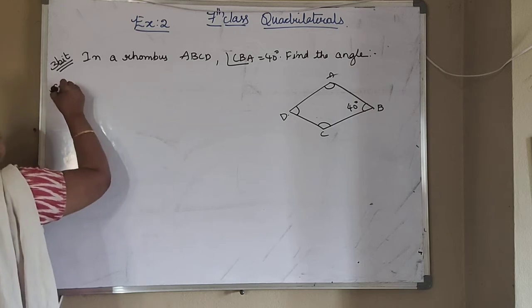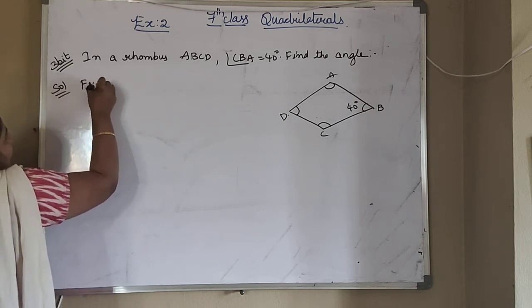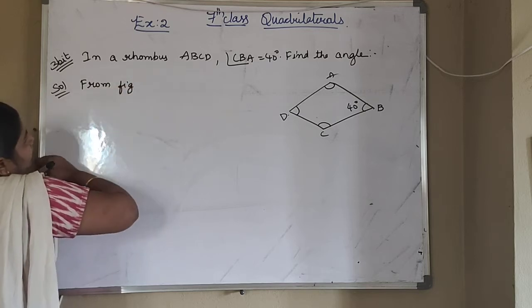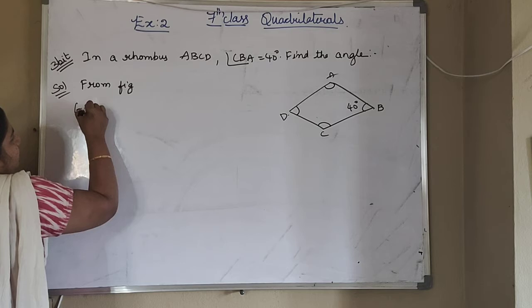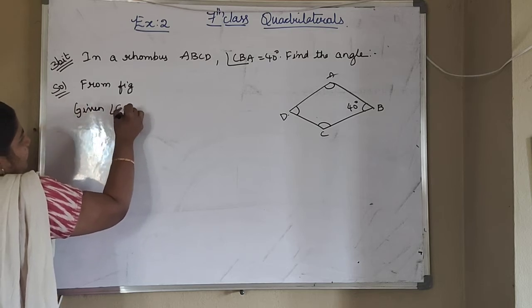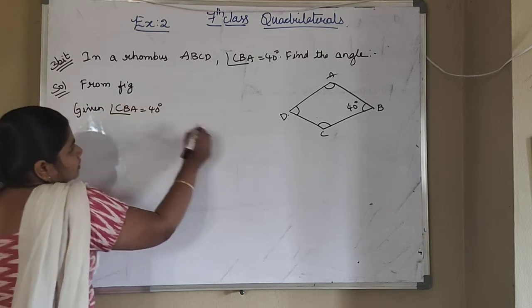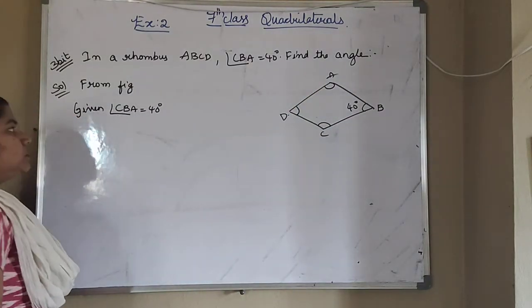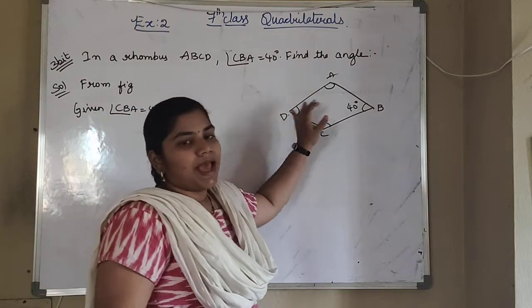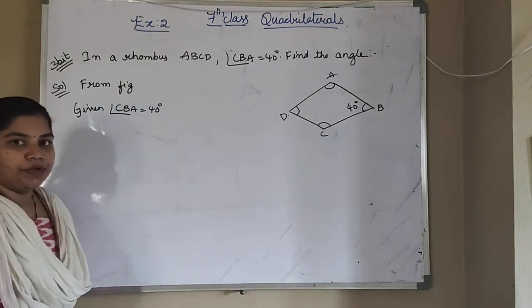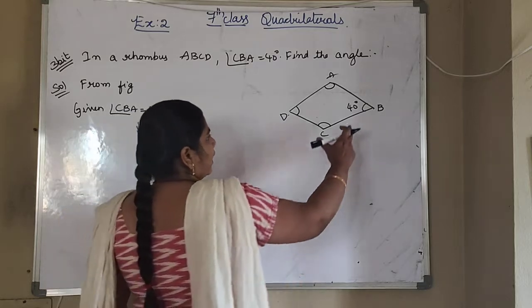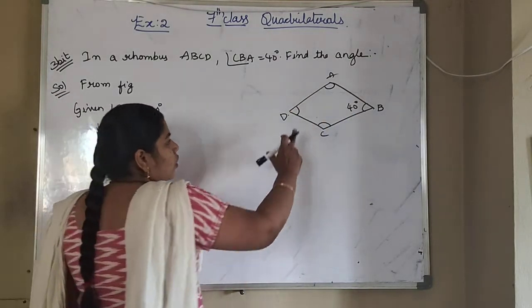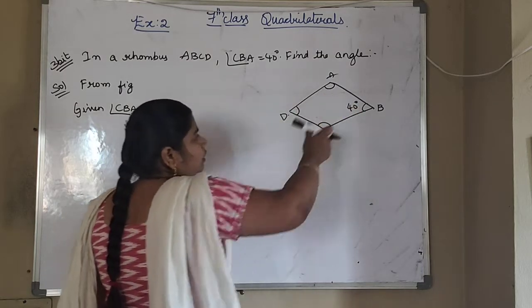So first, write the given: from the figure they have given angle CBA is equal to 40 degrees. So we have to find the other three angles now. By using the properties of rhombus, opposite angles are equal to each other.